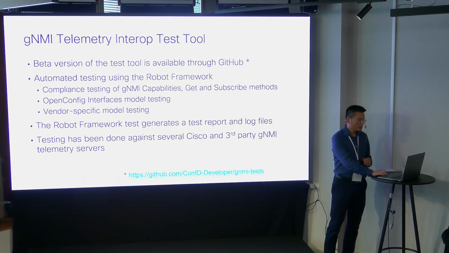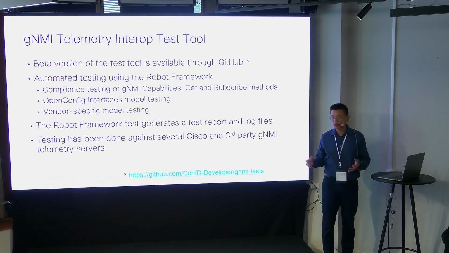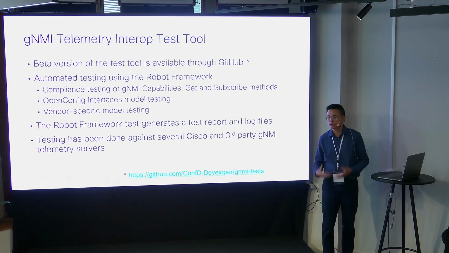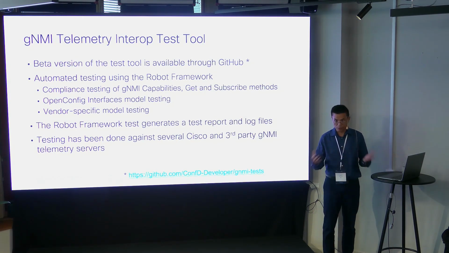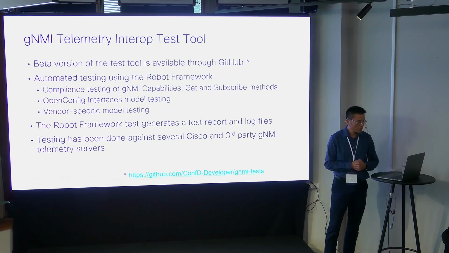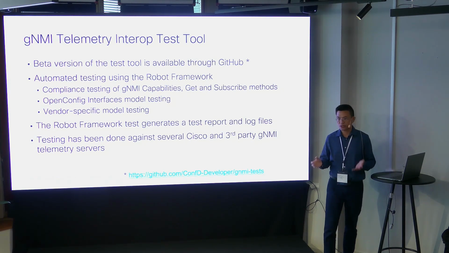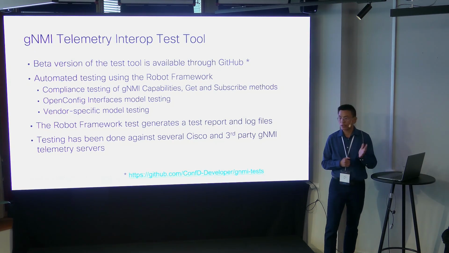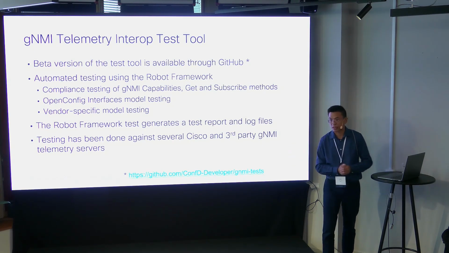So the automated testing run by the Robot Framework generates a test report and also associated log files, which you can then drill down and analyze the root causes of the failure. So we have done some initial testing against several Cisco and third-party devices, and I'll be showing you some of my early observations of the variations that I've noticed amongst them.